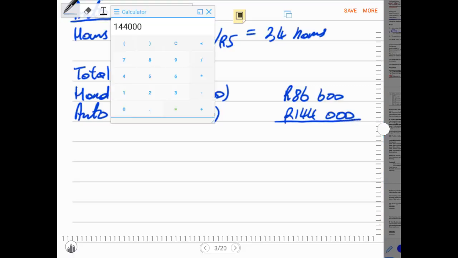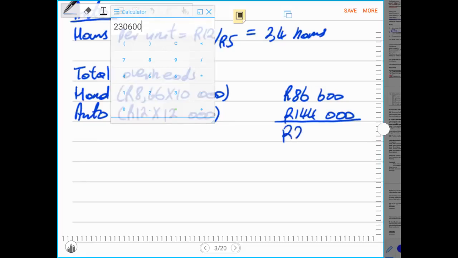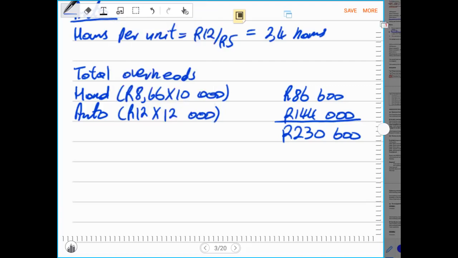If we add the two, 144,000 plus 86,600, this gives us a total of 230,600 rands.